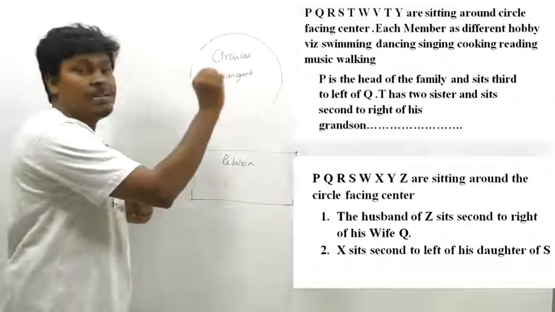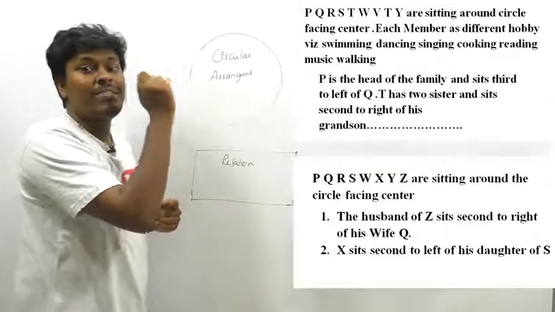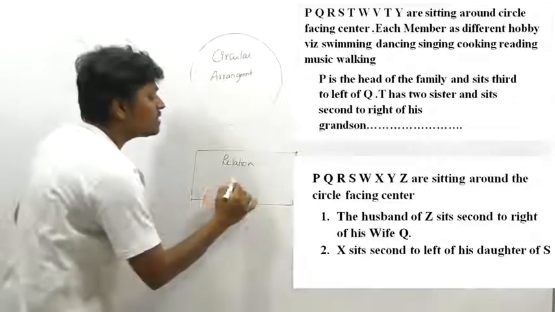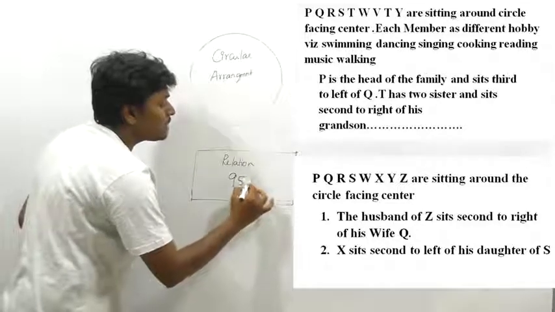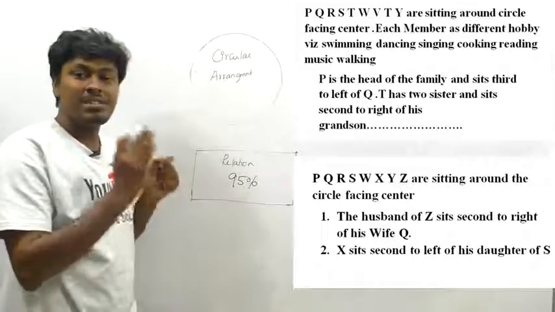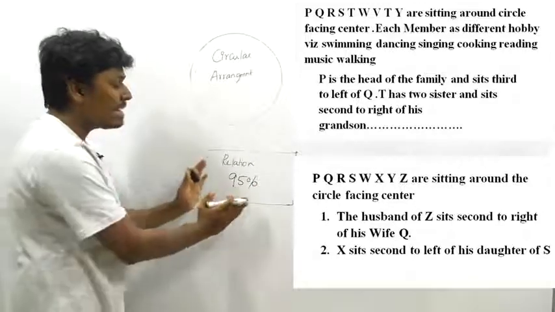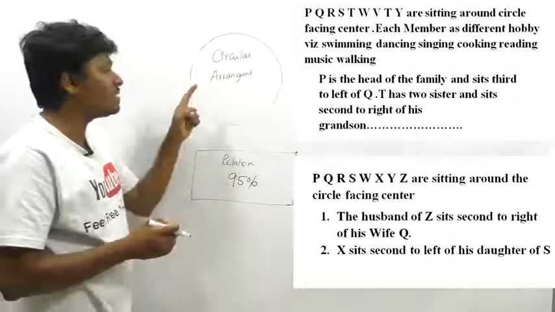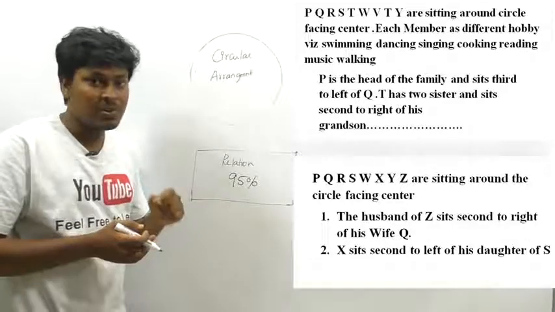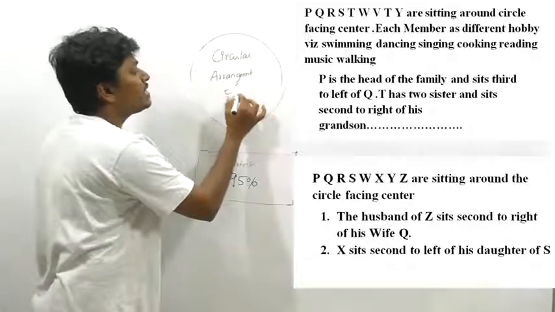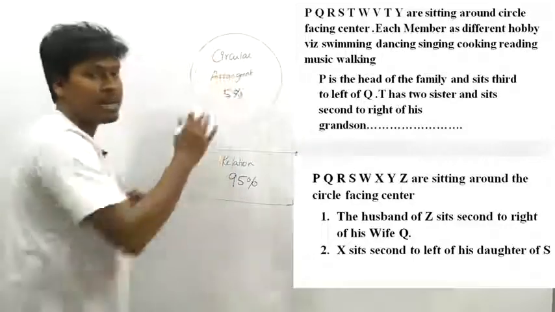To solve these kinds of question fast, our full concentration, 95%, should be only on finding the relationship of the persons, not the circular arrangement. Friends, got it? Only 5% we need to concentrate on the circular arrangement.